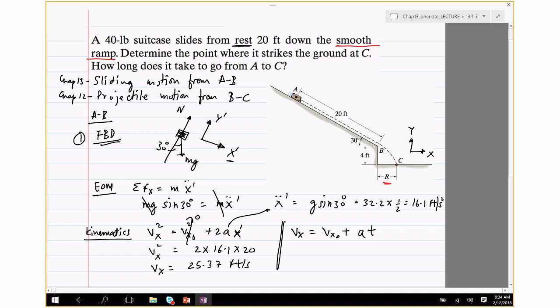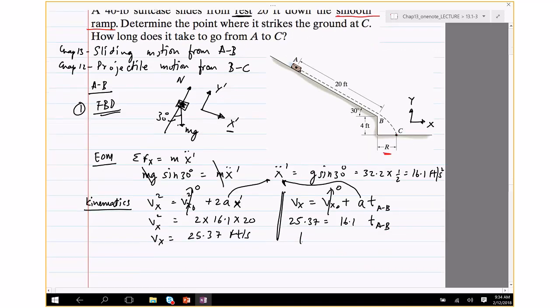Vb is 25.37, V0 is 0, and a is again given here, it's 16.1. So t from A to B is 1.57 seconds.